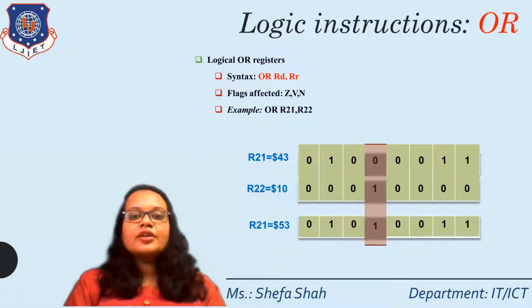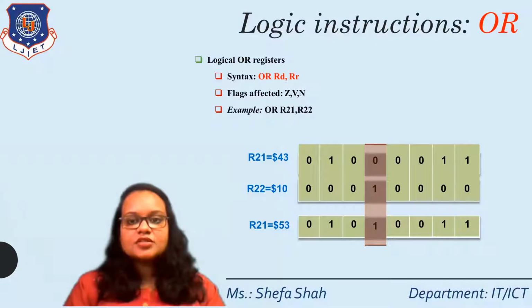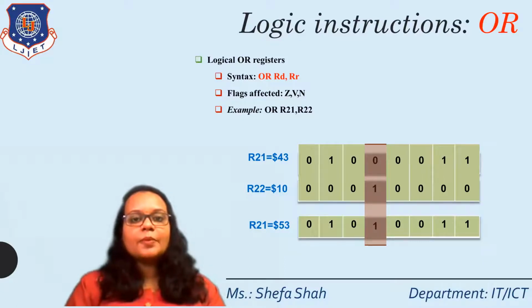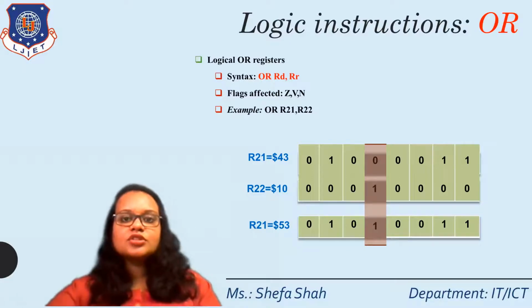So whenever we do a bitwise logical OR operation, we will get the result starting from the LSB. So after the execution of this operation, R21 will have the data 53H. Clear? So this is the logical OR operation.